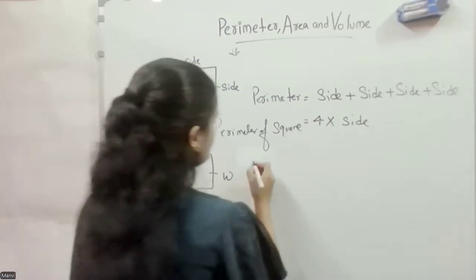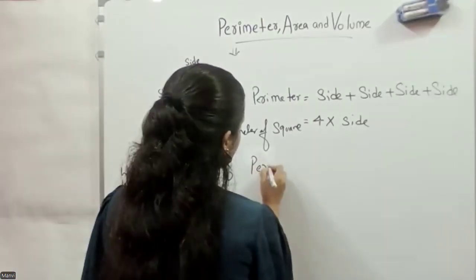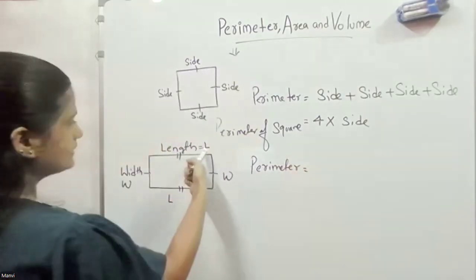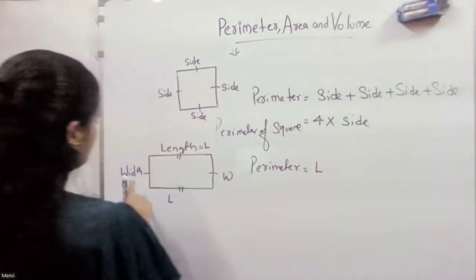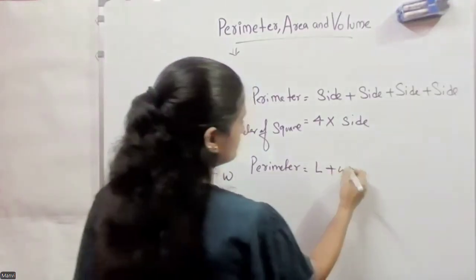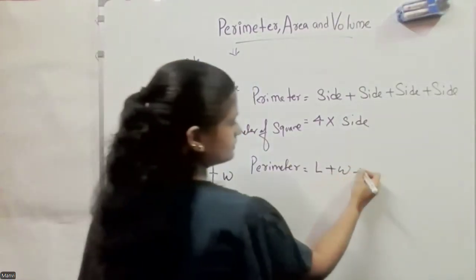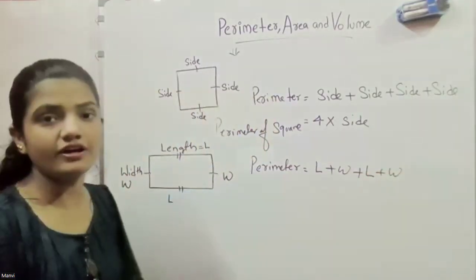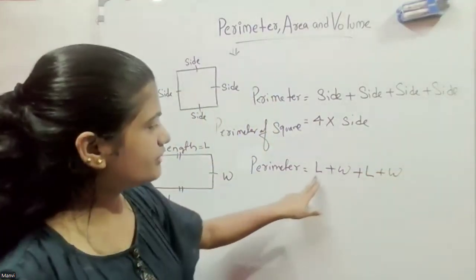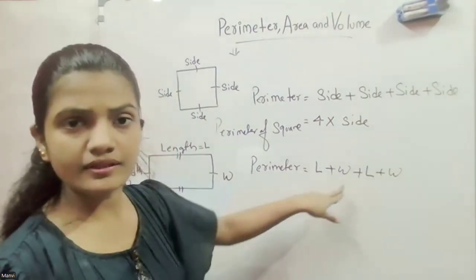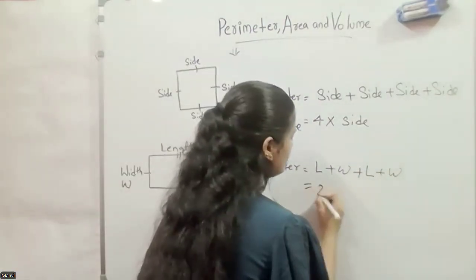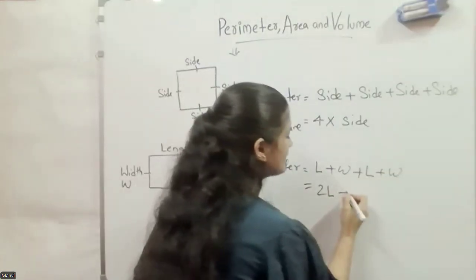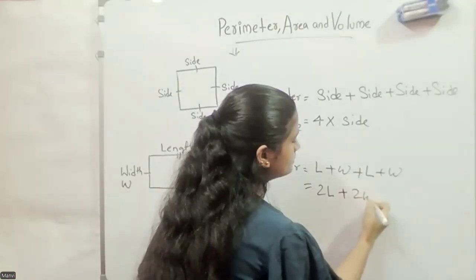Now try to write the formula for this. Perimeter of rectangle equals what? This length, which is L, then W, then this length, and then that W. So Kavya, do you agree that we have two lengths? Can we write it like 2L? We can do 2 times length, then 2 times width.